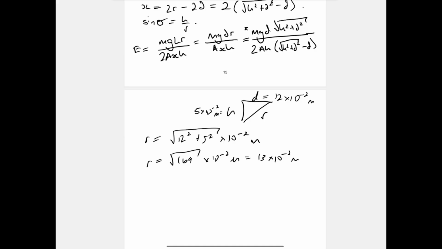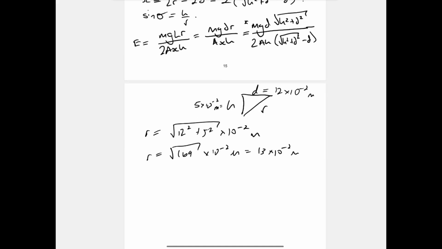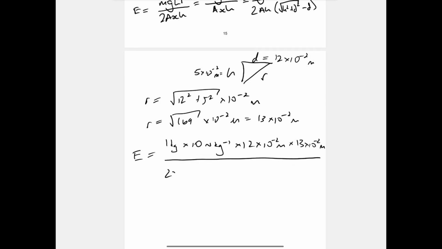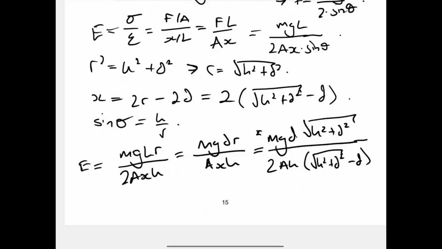So that's going to be R. So if we plug that in, what we get is E. M is 1 kilogram. G is 10 newtons per kilogram. Times D, 12 times 10 to the minus 2 meters, times R, which is 13 times 10 to the minus 2 meters. Then 2A, where A is 6 times 10 to the minus 8 meters squared.